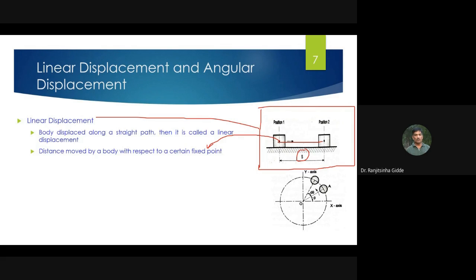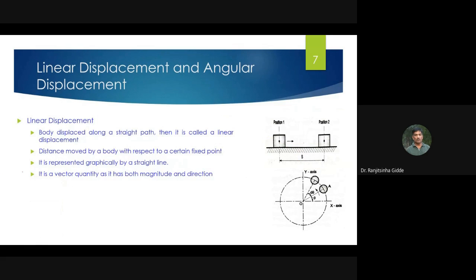Again, this is nothing but the displacement. It is represented graphically by a straight line, like this. It is a vector quantity as it has both magnitude and direction.